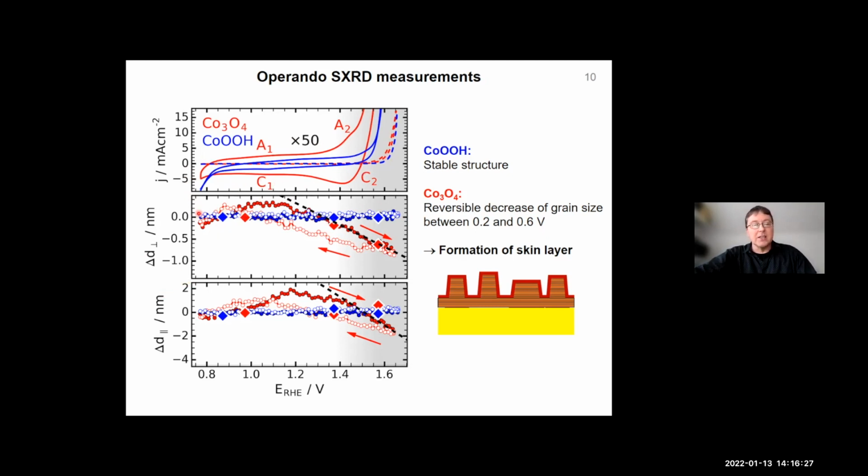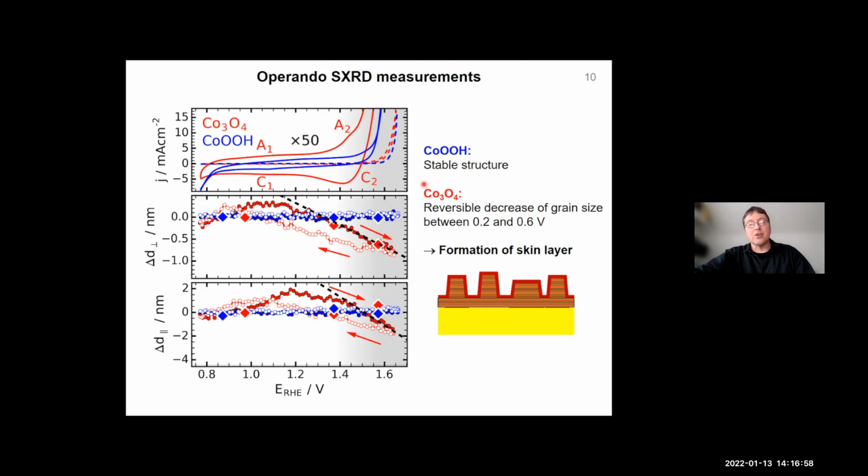You can see here for cobalt oxyhydroxide, the blue data, there are absolutely no changes. What's shown here is the coherent size in the surface perpendicular and in the in-plane direction, derived from the Bragg peak width. You see that this is absolutely stable. So this is actually a nice model system. Nothing is changing.